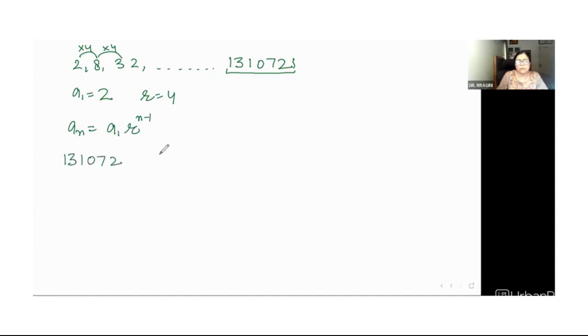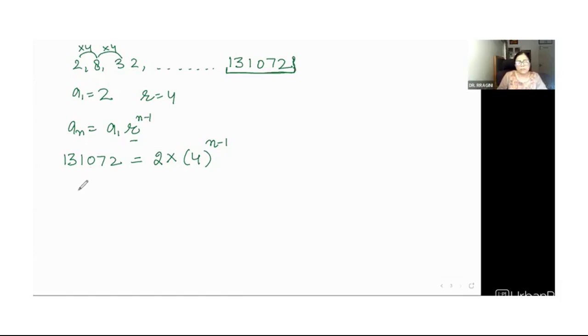What is A1? It is 2. R is 4. 4 raised to the power n minus 1. I have just put the values in the given formula for the nth term. Now the nth term is given, and we have to find n, at which place this particular value exists in this GP.